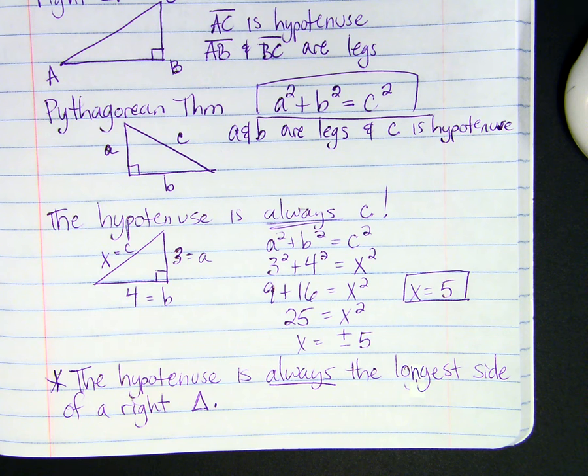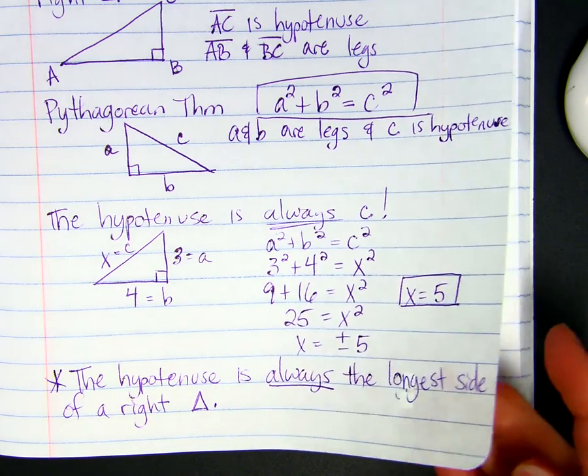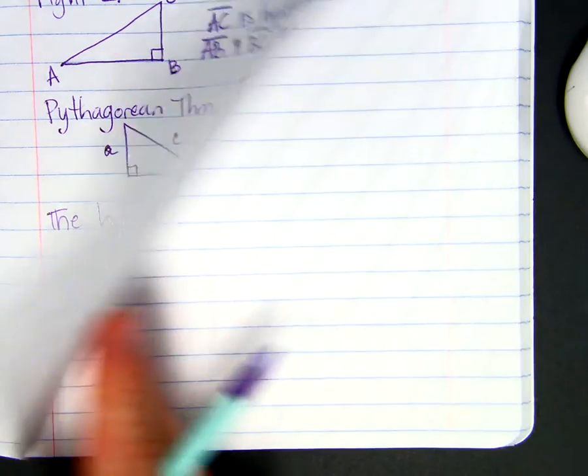Okay, so if you're asked a question like, here are the three sides of a triangle, is it a right triangle? You just plug them into the Pythagorean theorem, and if it works, then it is a right triangle. So let me do one more example where we're going to check to see if this is a right triangle.